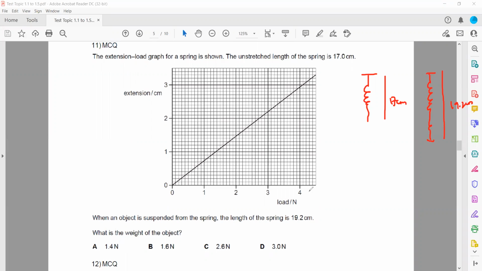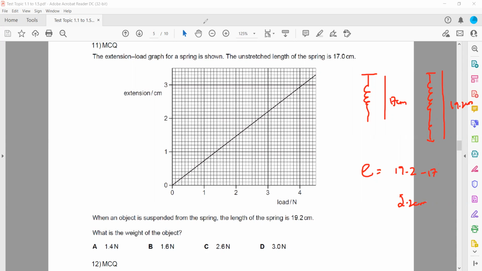First, because this is an extension and load graph, we should know the extension. Extension means increase in length from the original. So originally it is 17 and now it is 19.2. So 19.2 minus 17, the extension is 2.2 centimeters.